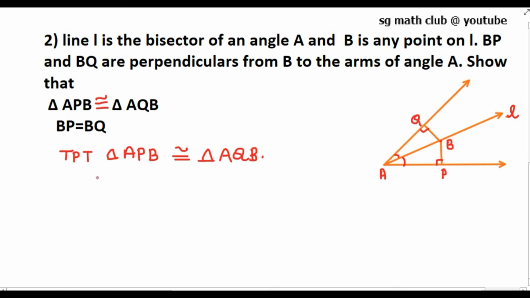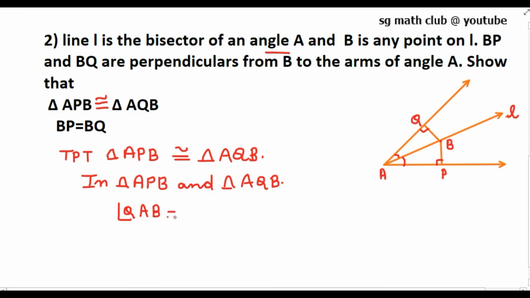For this, first you consider these two triangles. In triangle APB and triangle AQB, let's read the question once again. Line L is the bisector of angle A. So these two angles will be equal, that is angle QAB will be equal to angle BAP.